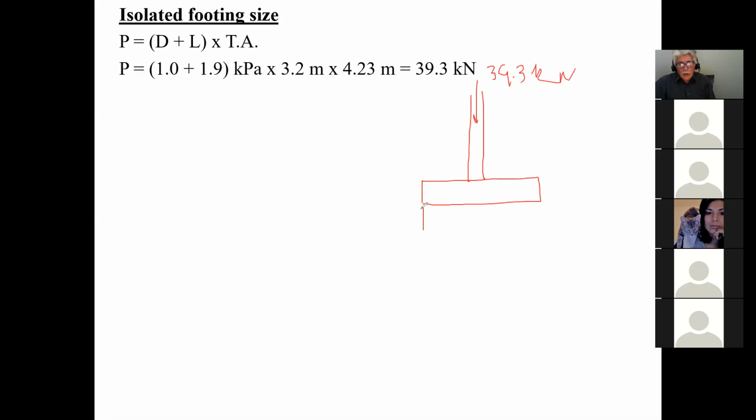And therefore, I have an allowable soil pressure here. Based on that allowable soil pressure, I should determine how big this footing has to be so that I don't exceed q allowable. That's all it is, just like we did in concrete.